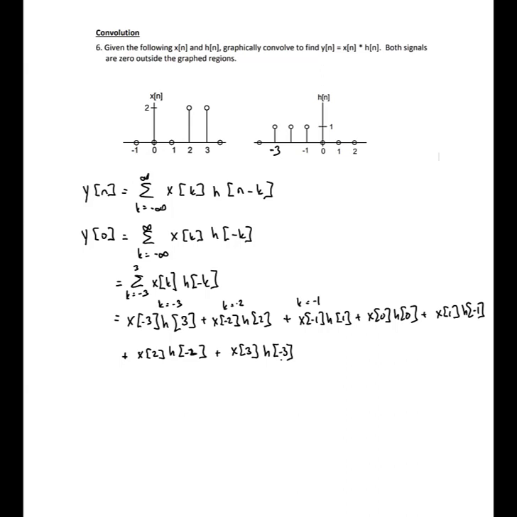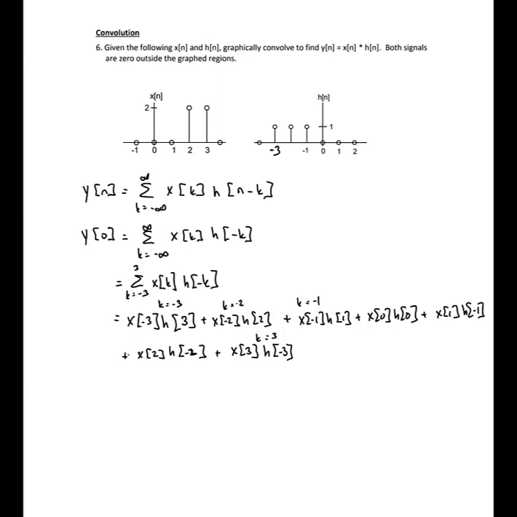And just to confirm our intuition, this last one was for k equals +3. As we move still further up, our inputs x are going to be 0, so we really don't need to go any further up than 3. So let's start substituting in values here.